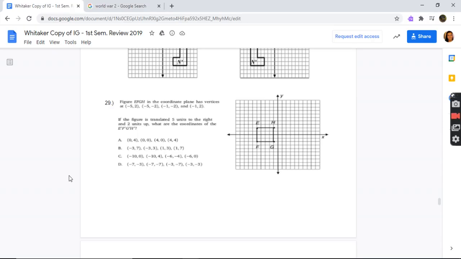Is it (0, 4), (0, 0), (4, 0), and (4, 4)? What do you think it is? Well, B: (-3, 7), (-3, 3), (1, 3), and (1, 7).